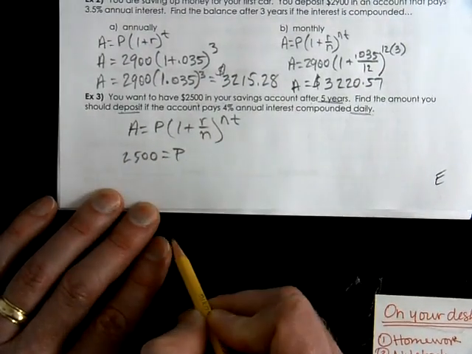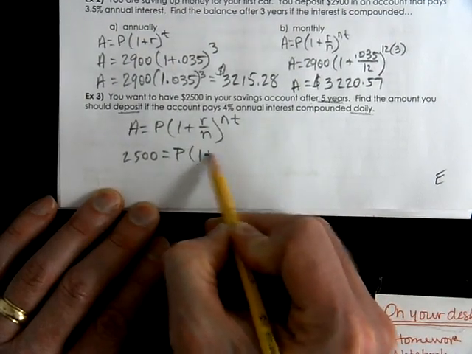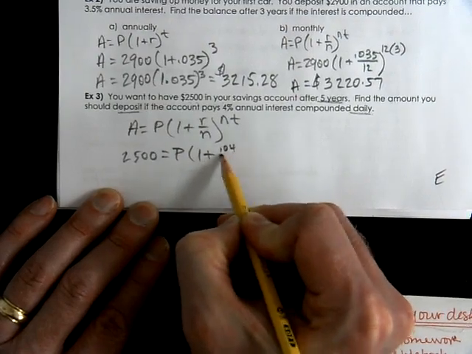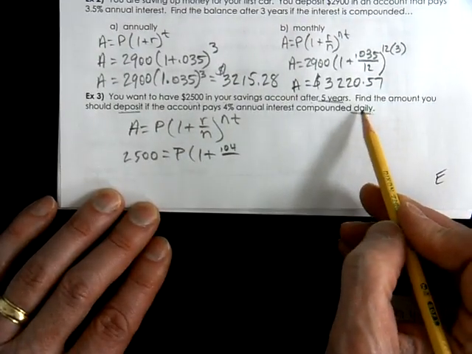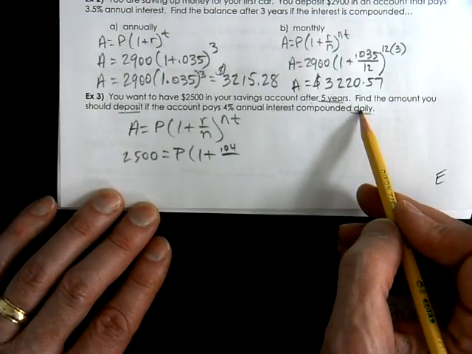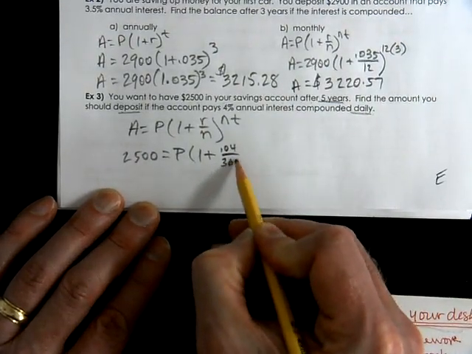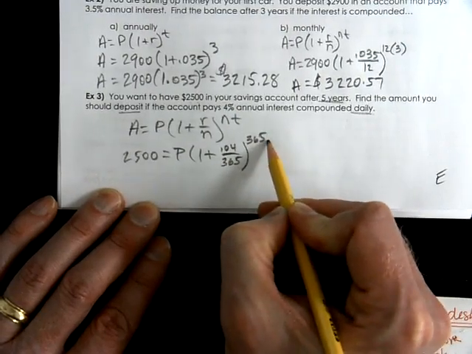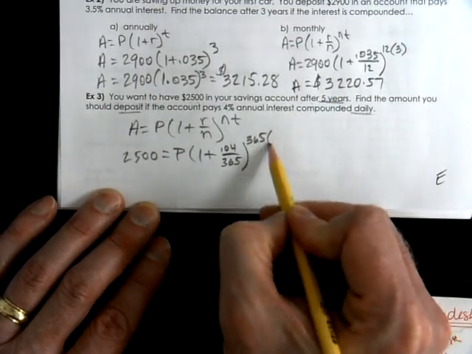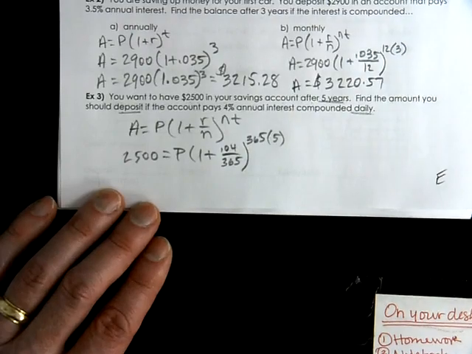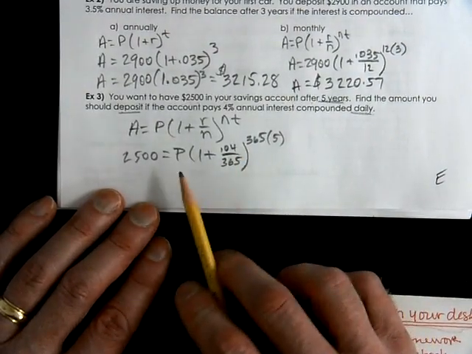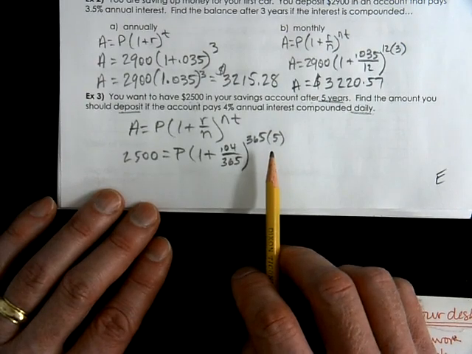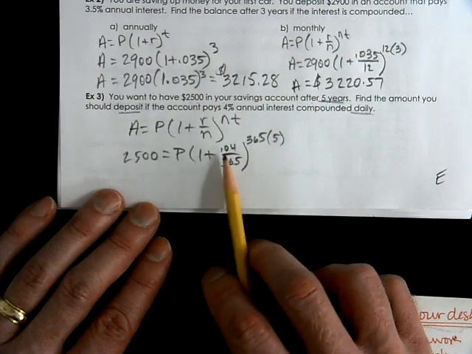We don't know what we're starting with. 1 plus, our interest rate is 4%, so 0.04. Daily. How many days are there in a year? 365. So 365 times 5 years. There's your equation that you need to write out.